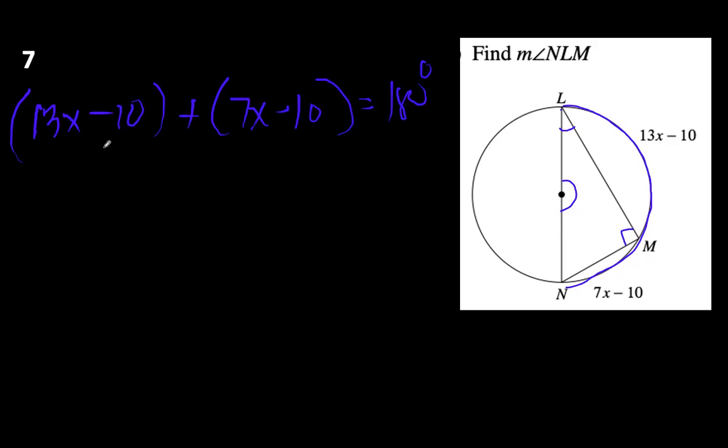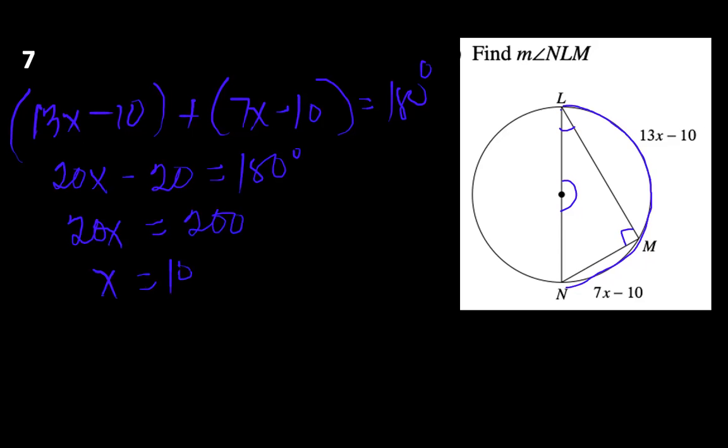So let's add. This is 20x minus 20 equals 180 degrees. And 20x is equal to 200, and x is equal to 10. So we can now solve for the measure of the angle NLM.